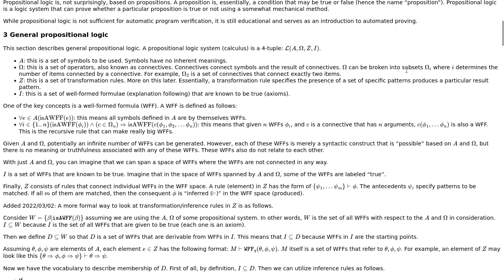Omega can be broken up into subsets, where omega i determines the number of items connected by a connective. So omega 2 is going to be all the connectives or operators that connect exactly 2 items. In layman's terms, omega 2 are basically the binary operators. Binary in this case is not 0 and 1; it means it has two things that it needs to work on.